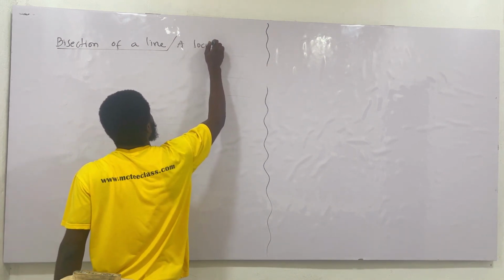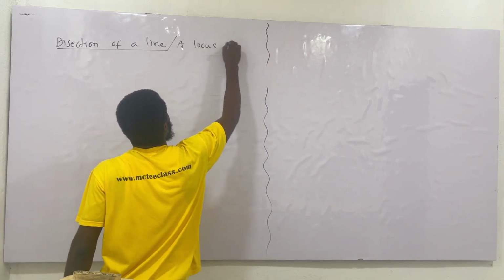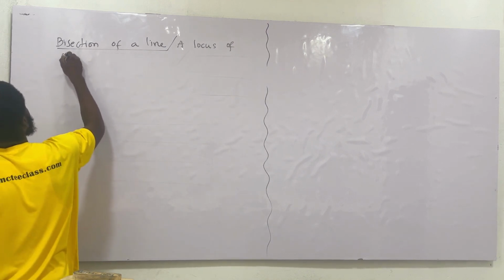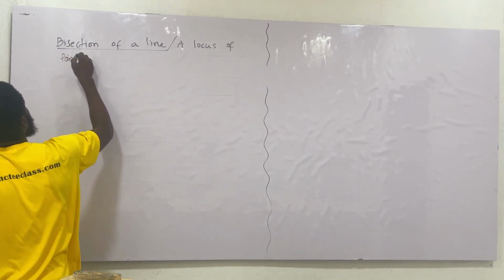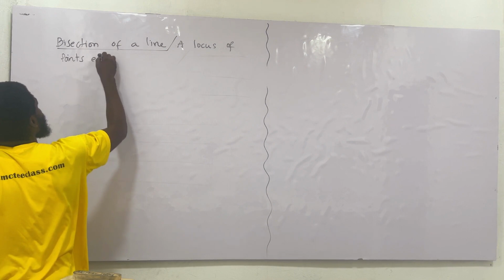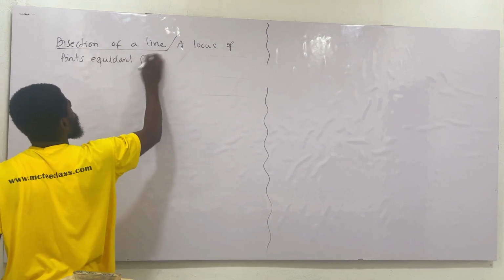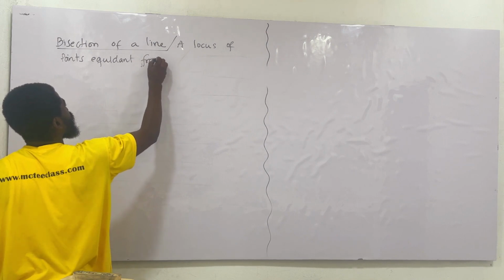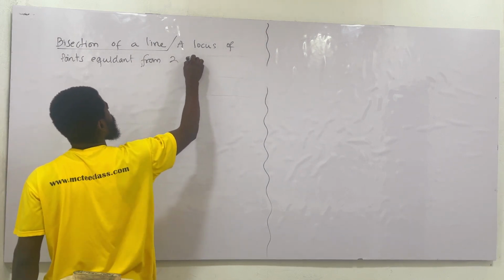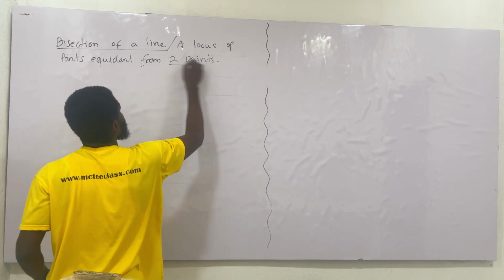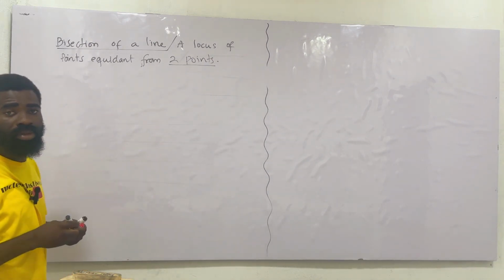I explained also, this is a heading: a locus of points equidistant from 2 points. I explained all this, what it means.